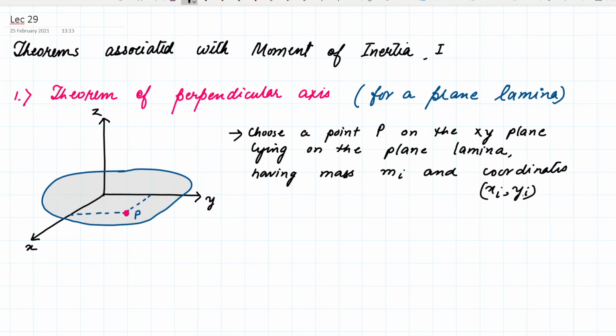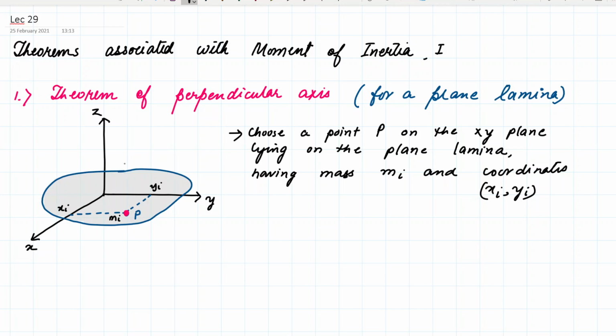Okay, so there are a large number of masses on the plane lamina, but I am only choosing the mass mi having coordinates xi, yi. So this is mi and its coordinates are xi and yi.